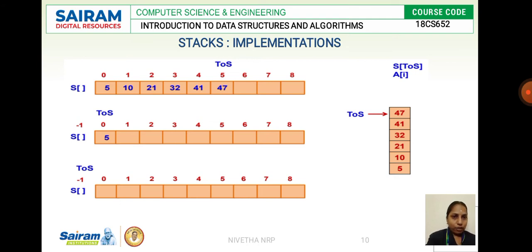After inserting 41, I increment my pointer to index 5, so I insert 47 at the fifth position. Where will my TOS be now? My TOS will be at the last inserted element. What is the last inserted element?